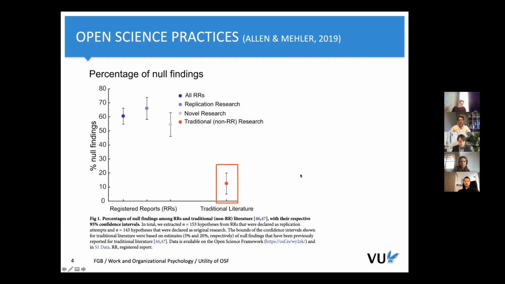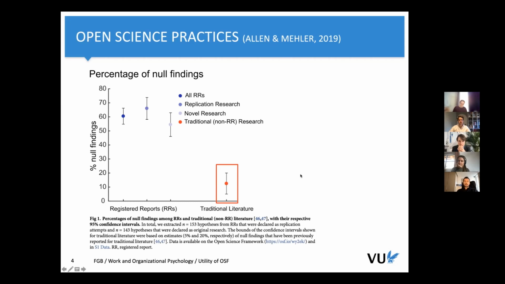They show that if we focus only on the traditional literature, then the share of published null findings is very low, around 10%. If you also take into account the confidence intervals, it can be even lower than 10%, which is striking, because how is it even possible that in empirical studies in psychology you can find so few null effects? It's just statistically not possible.